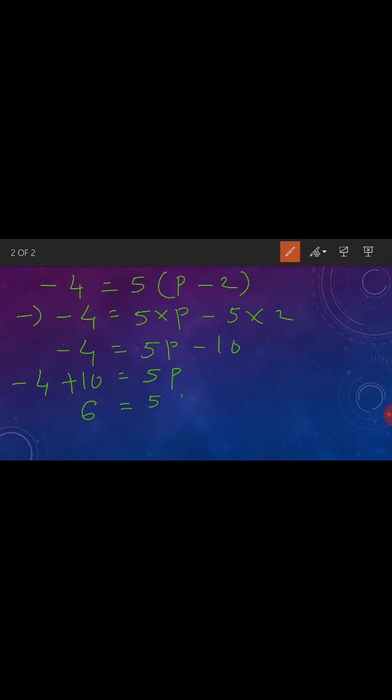Equals to 5p. Therefore, so now here I am writing, as I am doing 2-3 steps at a time. So because 5p I am transposing that side, 6 that side, and then dividing. So therefore the value for p is 6 divided by 5.